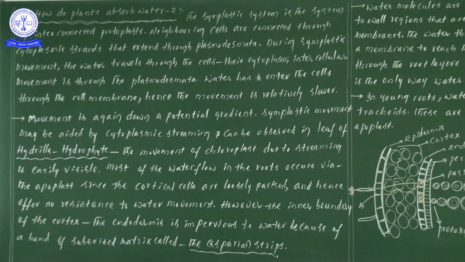Next, the movement is again down the potential gradient. When the water molecules are translocated, the potential gradient slows down. Why? Suppose we are feeling thirsty and drink half a water bottle at a time.